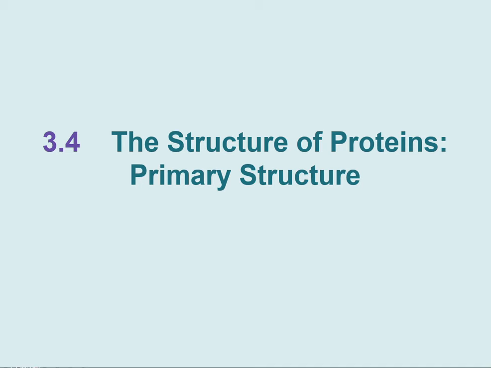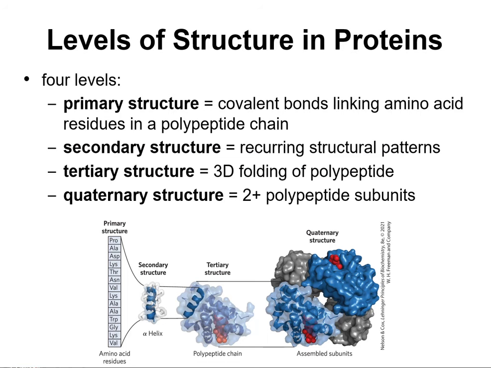Now we're moving on to the structure of proteins. There are different levels of structure. There are four levels. Primary structure, which is just the amino acid sequence. The secondary structure is looking at recurring structural patterns.